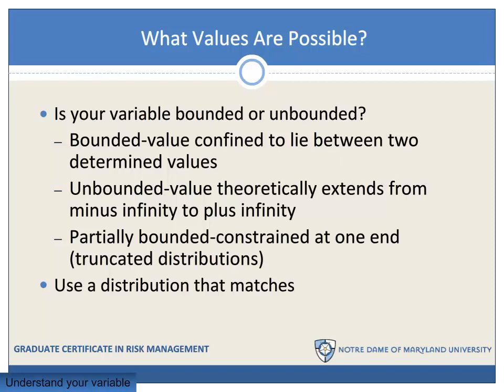There are other variables that are bounded, but sometimes the bounds are a little fuzzy. Suppose we were trying to determine the weight for an adult human male. We know there's some minimum below which a person cannot weigh. It's something bigger than 0, but what is it?